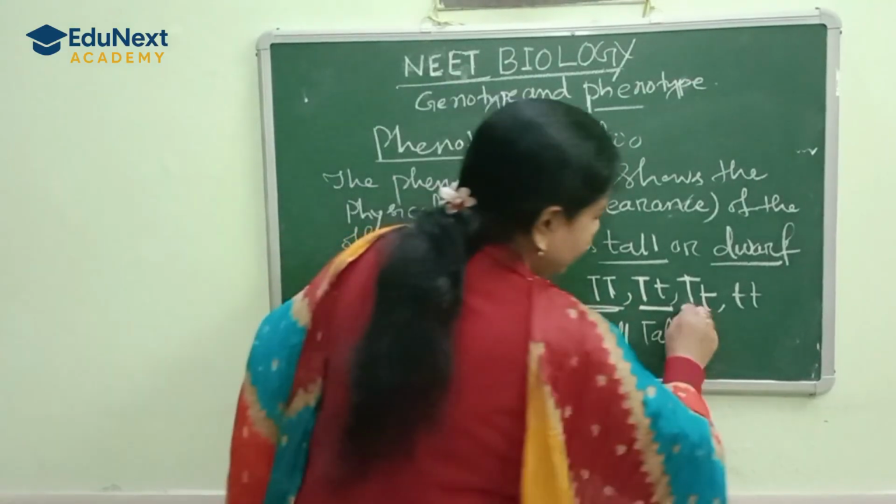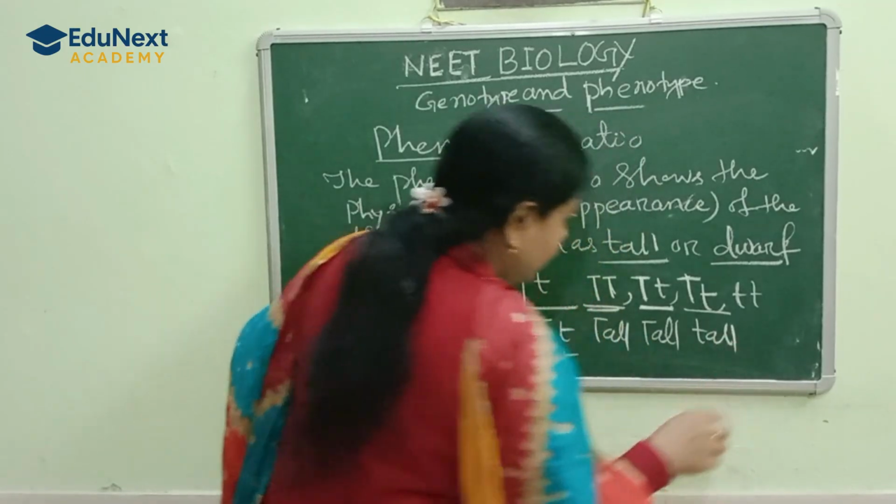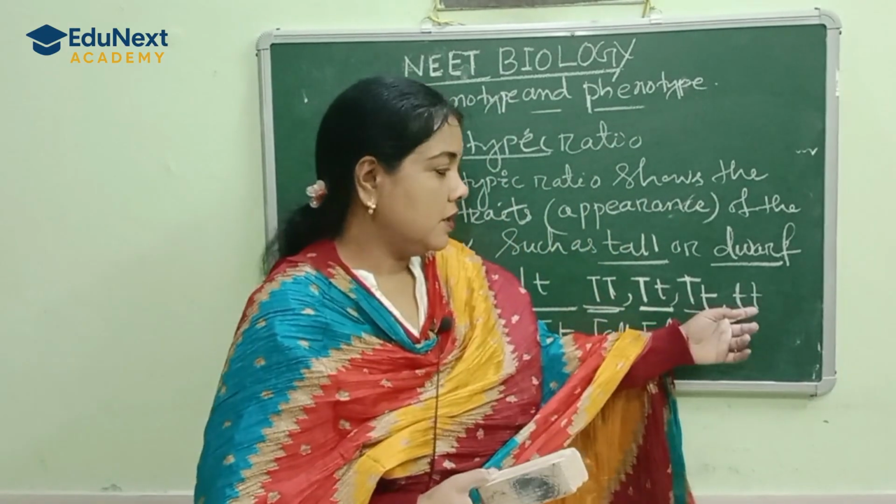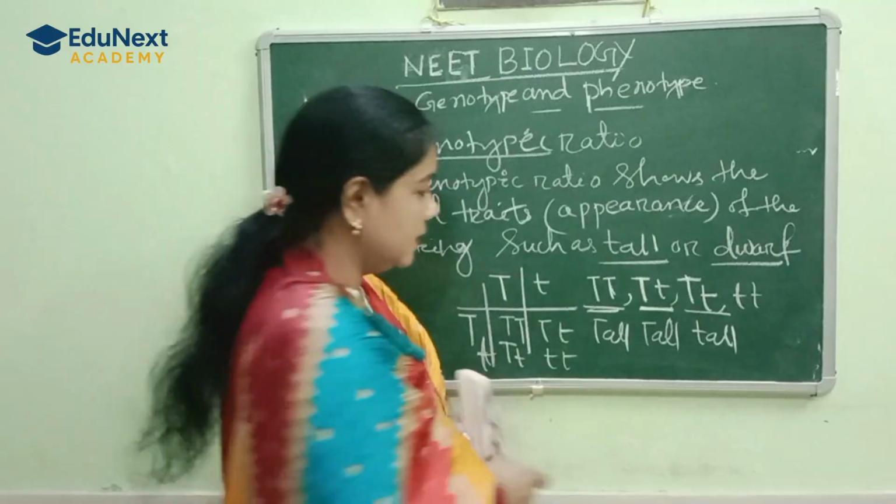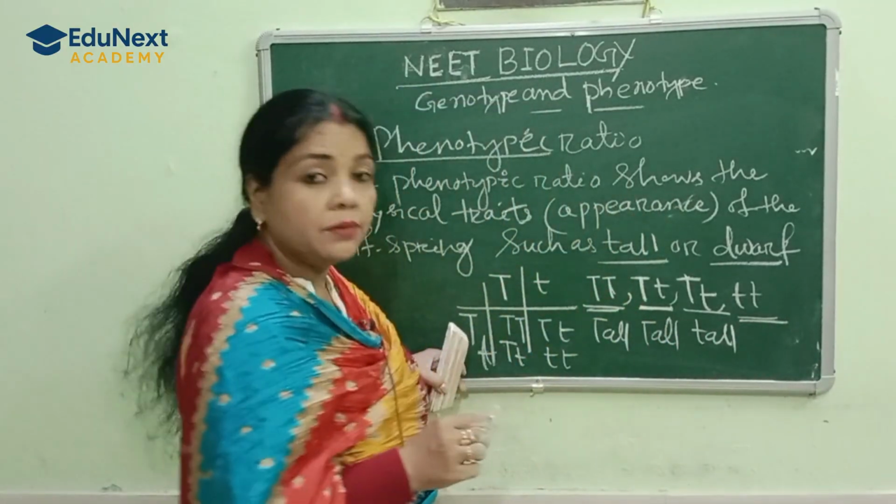Here also tall, but when both shorter genes combine, it becomes dwarf.